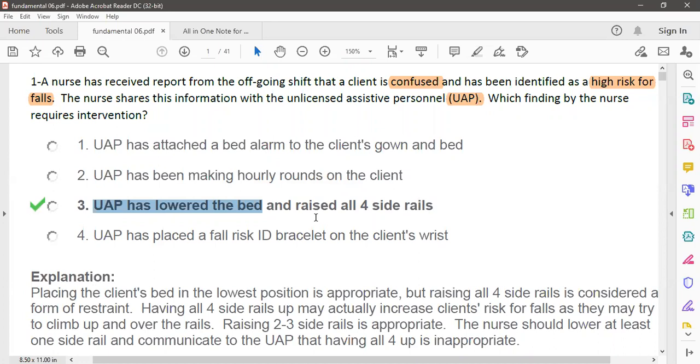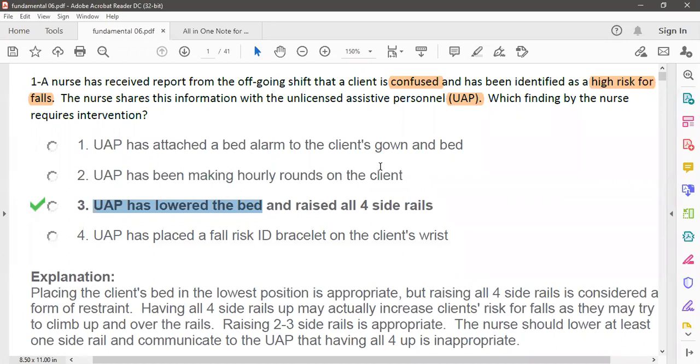If you raise up 2 or 3 side rails, it is not a restraint. But when you raise up the 4th side at the same time, it does mean you restrained your patient. And you know, when we need to restrain a patient, we always need a doctor's order. The UAP never can do this.